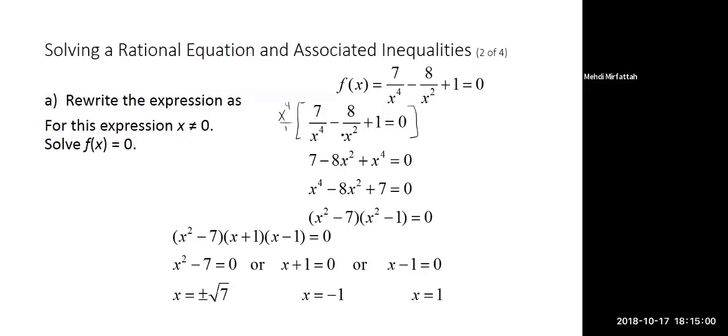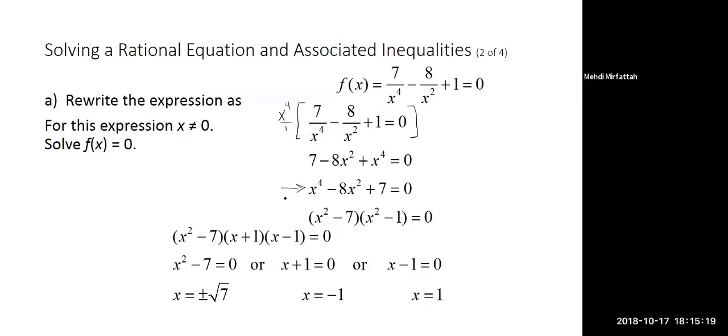This would be x to the power of 4 over x to the power of 2, which is x to the power of 2, so minus 8x to the power of 2. This would be x to the power of 4 times 1, which is x to the power of 4, and this is still 0. So you notice that I multiplied by the LCD, and I got rid of the fraction.